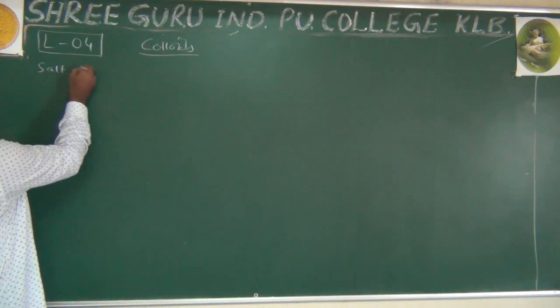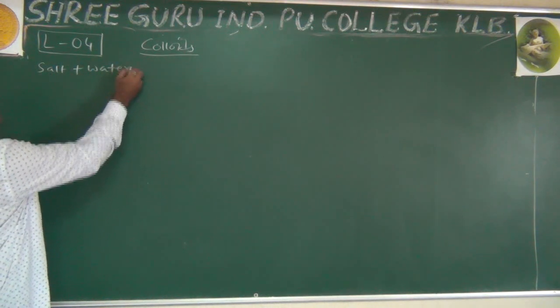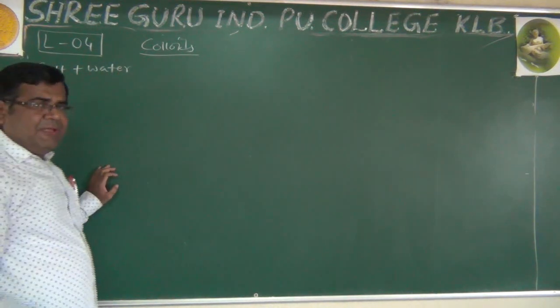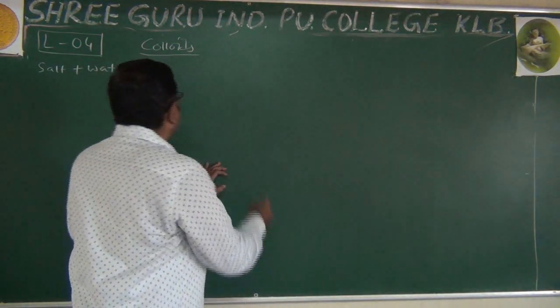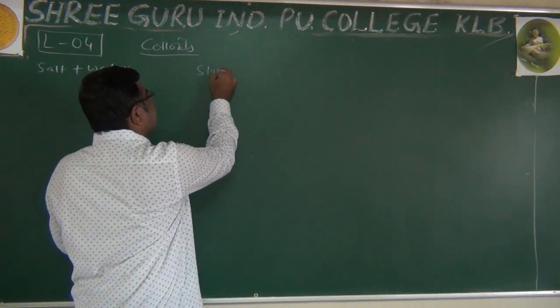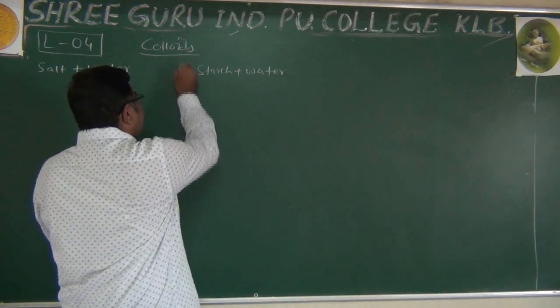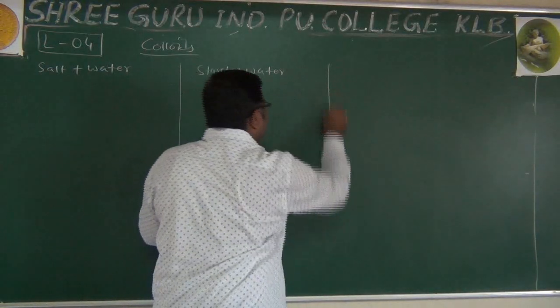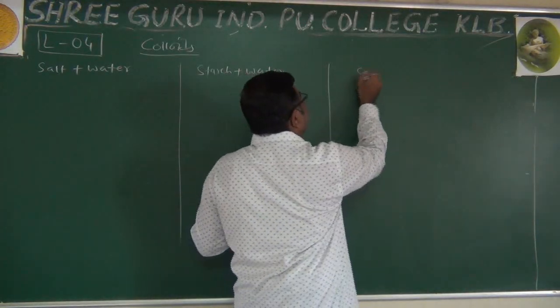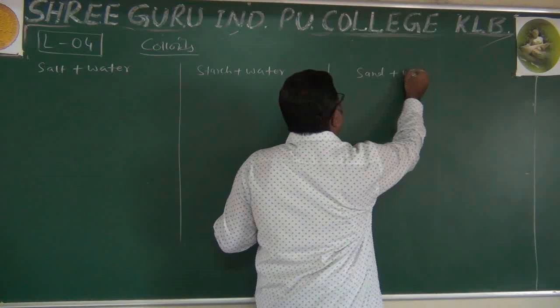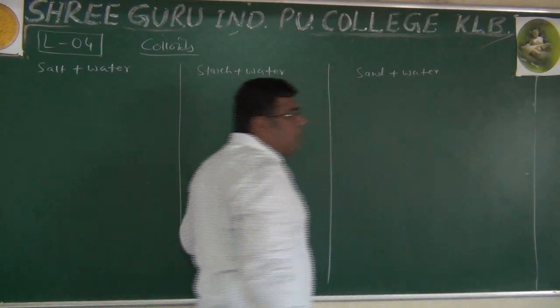First, we'll take salt and put it in water. Another is starch plus water. And third, we'll take some sand and put it into water.